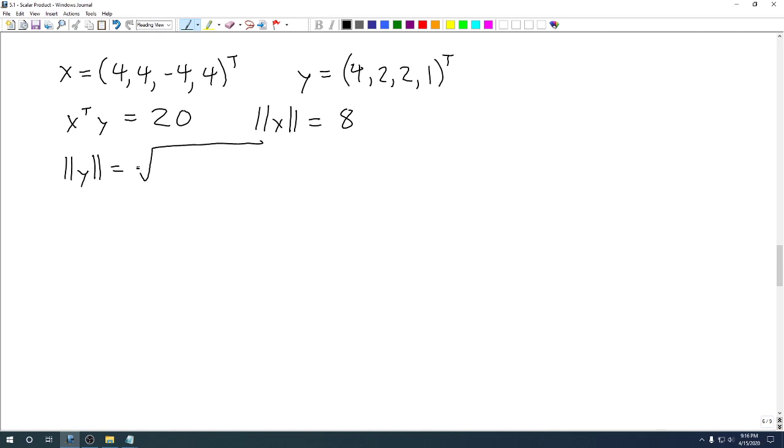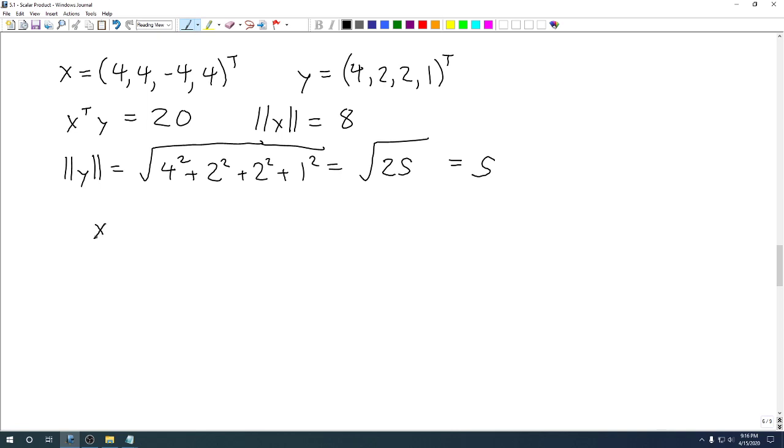So here, magnitude of y is square root of 4 squared plus 2 squared plus 2 squared plus 1 squared. And you can kind of tell they pick numbers here to make this come out nicely, because if we add all those together, we get 25. So ultimately, the magnitude of y is 5. Now, what does that mean for us?